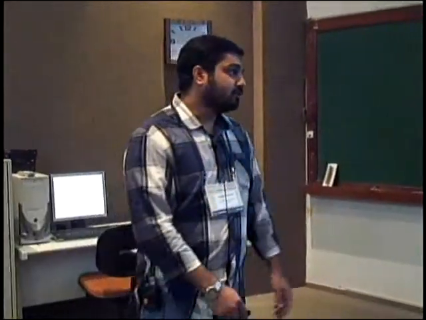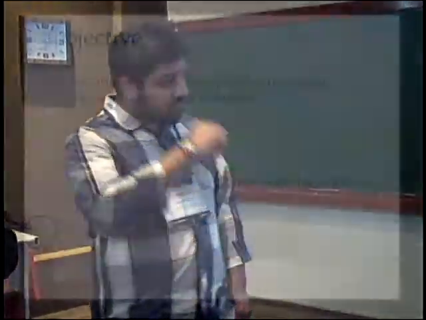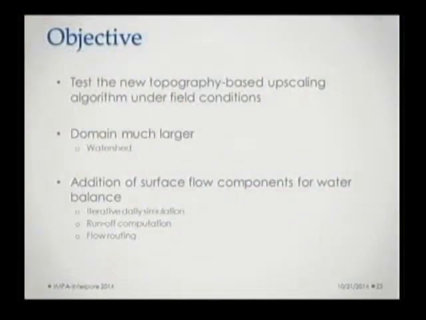So all that is fine with a synthetic model, as Victor was saying just now, a toy model, right? This was the equivalent of that, where we could control everything. So it's easy to get something good, but how does this work in the field? So we tried this out in different watersheds, and I'm showing the results from just one watershed here.